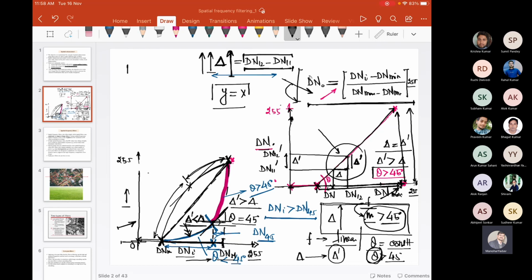In the last stage of color formation, we discussed the assignment of color. 0 to 255, we have the input image, and on the y-axis we have different sets of gray color. Highest we have white. At 0 we have black. And this color is linearly assigned.